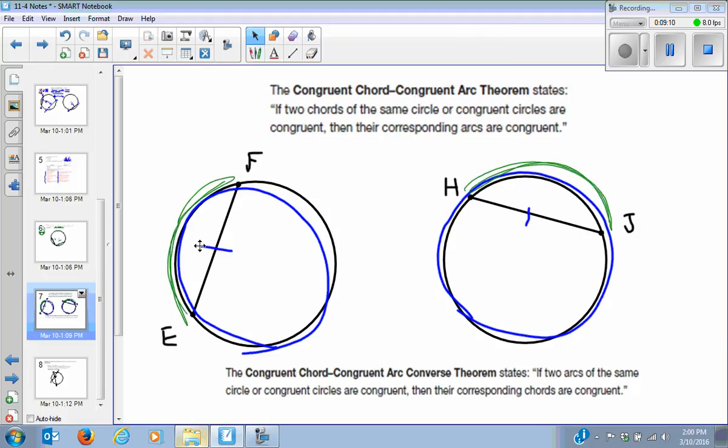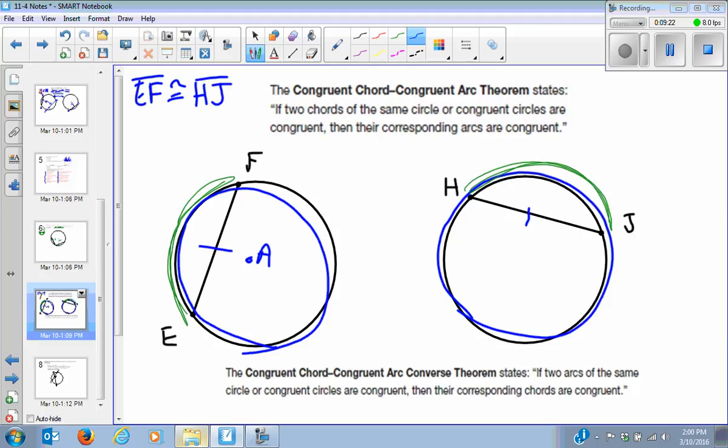So it would be line segment EF is congruent to HJ. If that's true, and these circles are the same, we'll call this circle A, we'll call this circle B, so circle A is congruent to circle B. If all this is true, then I know that arc EF is congruent to arc HJ.